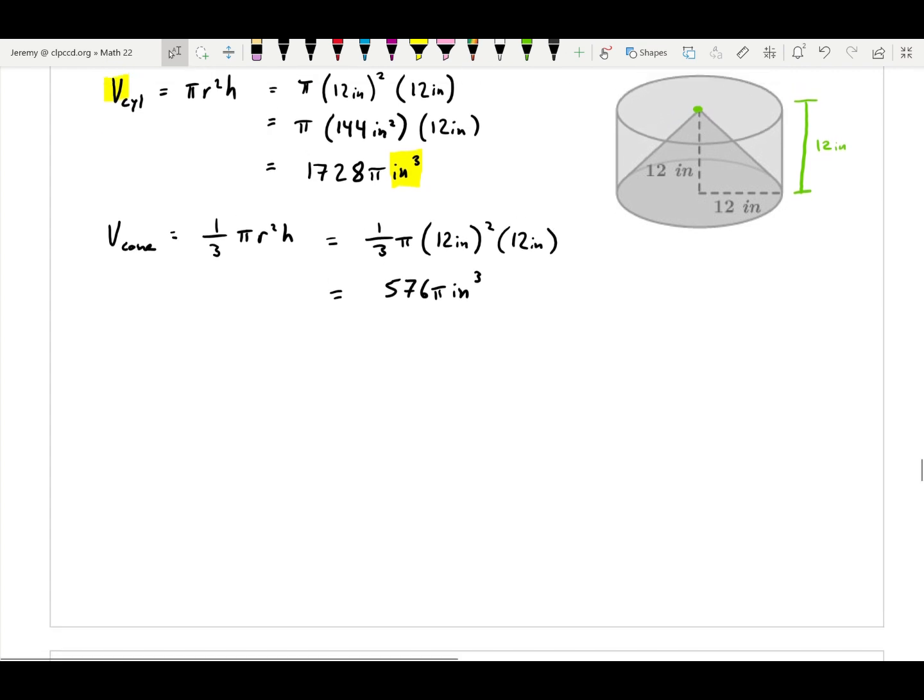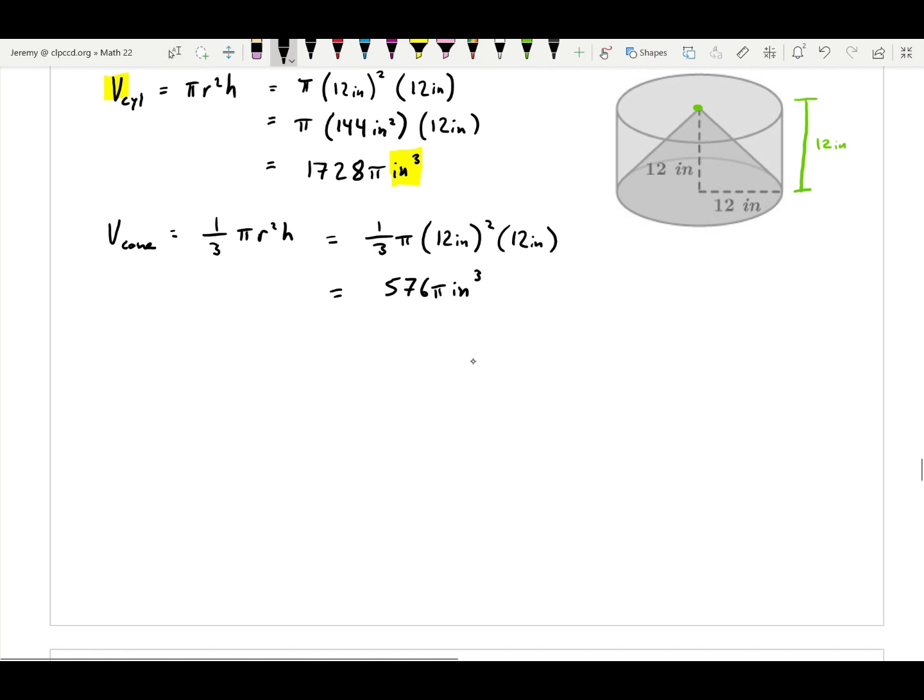So now the volume of the entire shape, I'll just call this V. This is going to be the difference, the volume of the cylinder minus the volume of the cone, which will be 1728 pi inches cubed minus 576 pi inches cubed.